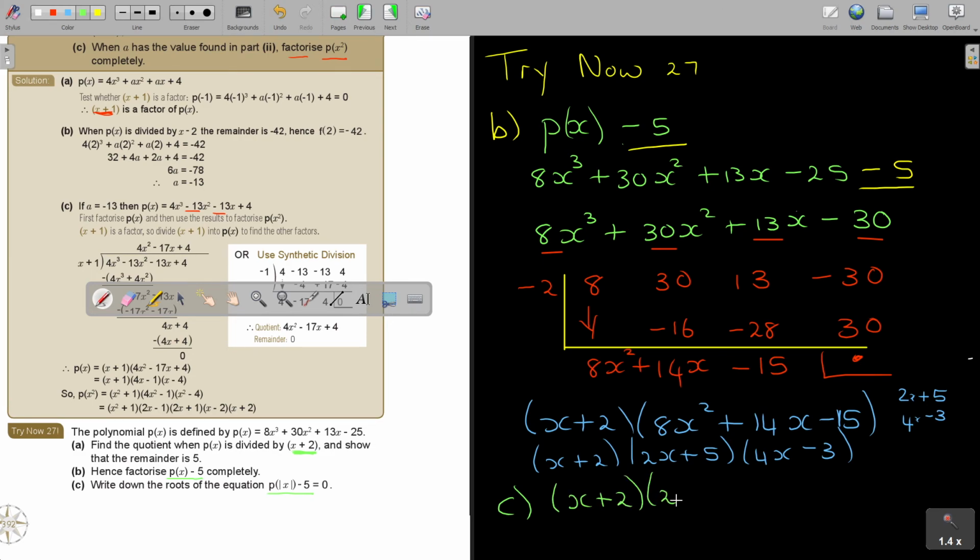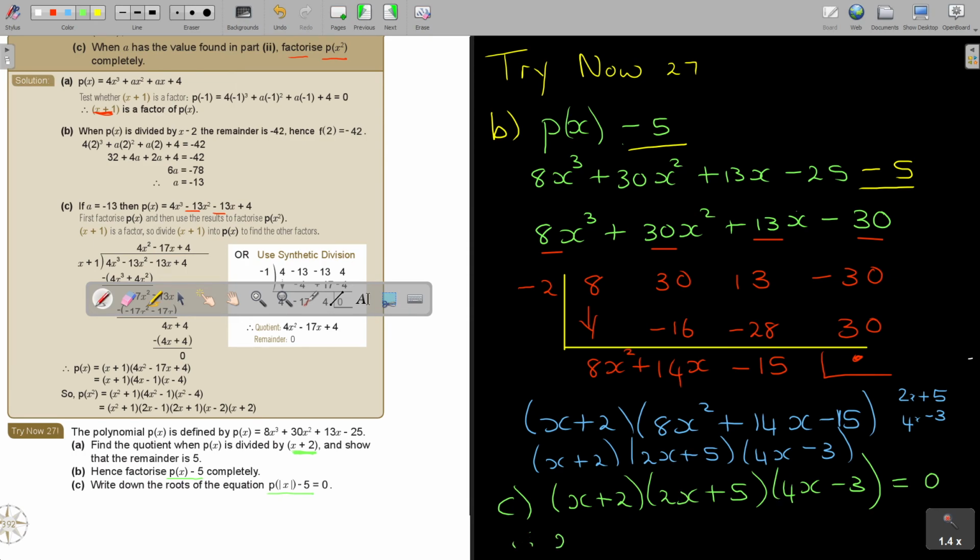Roots is the answers of x. Can you remember? We said it in chapter 1, I think, a lot. Roots is the solutions, that's the values of x. So then I put this bracket equals 0, this one equals 0, this one equals 0.